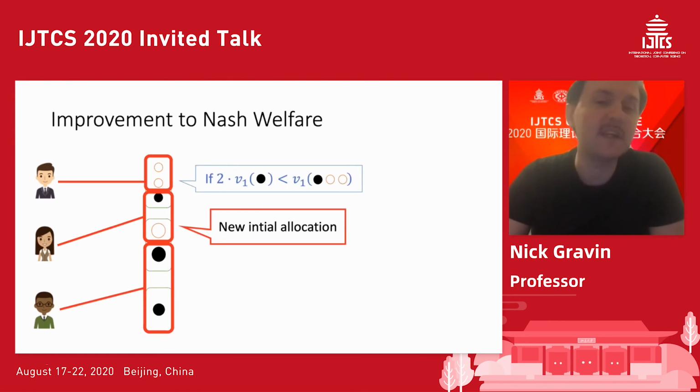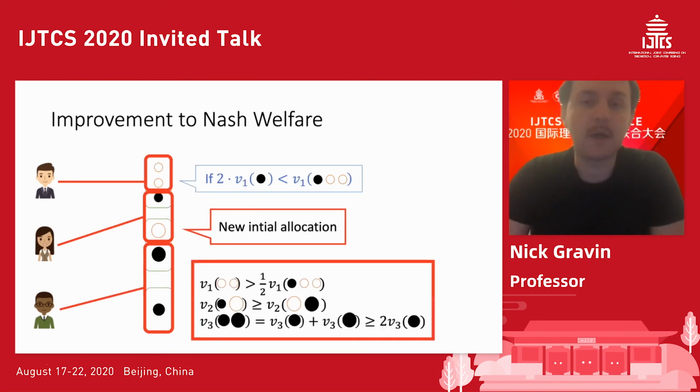So specifically here, the allocation would look like this. It's like 3 red boxes. And the idea is that the first agent here would lose, but his value in the new allocation will be more than half of that in the original.